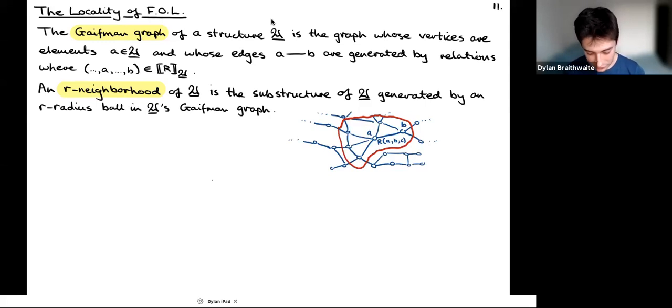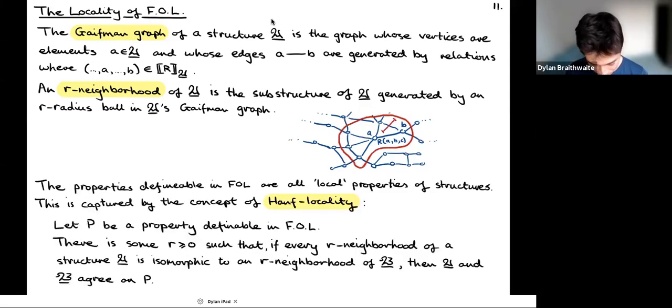And so where this is going is that we have this property of first order logic called Gaifman locality. What this says is that for any property which can be defined in first order logic, there will be some fixed R such that for every pair of structures you pick, A and B, if every R neighborhood of A is isomorphic to some R neighborhood of B, then both of these structures must have this property.